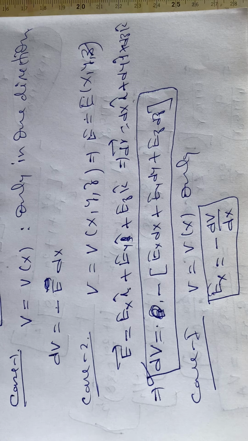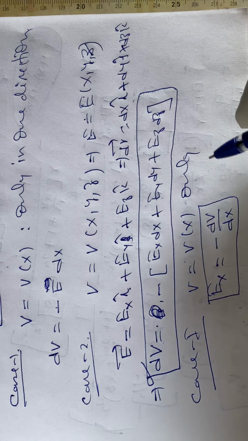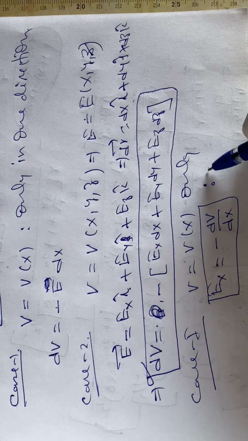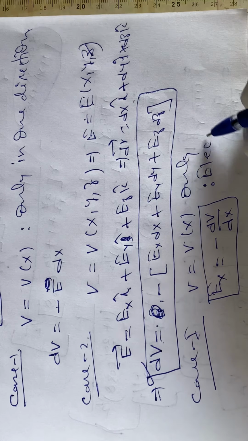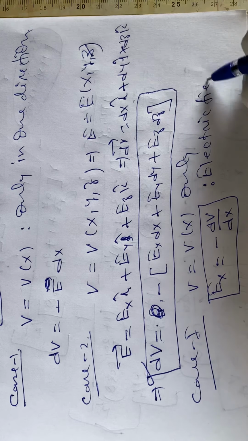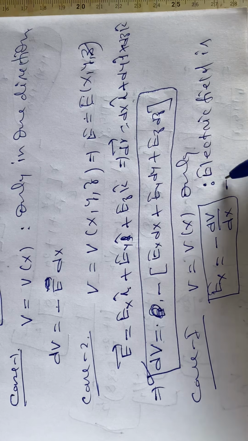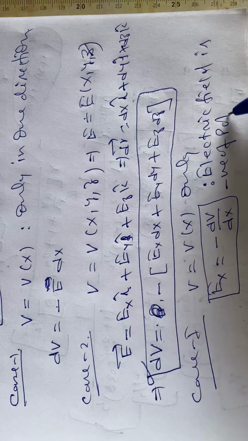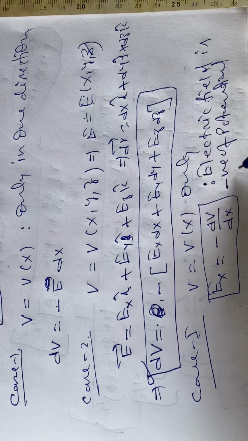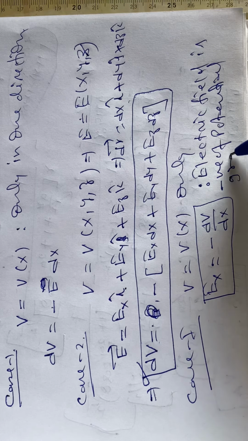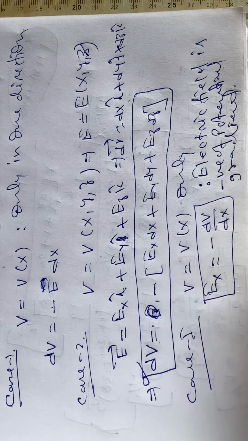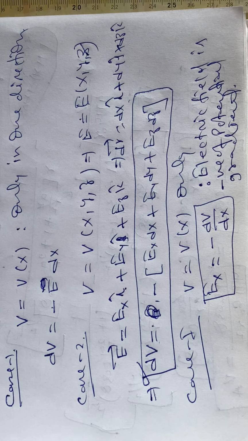That means if a potential is given and it's varying only in one direction, let us say along the x-axis, then the electric field along the x-axis will be the negative of the potential gradient. So this is an important statement: electric field is the negative of the potential gradient. Here, gradient means variation with respect to distance.